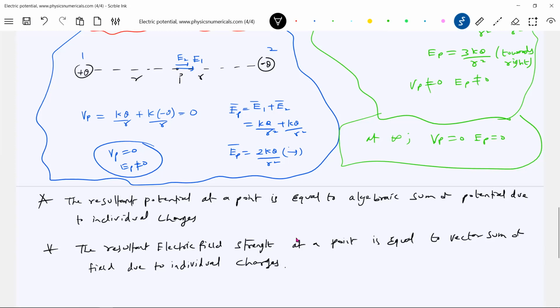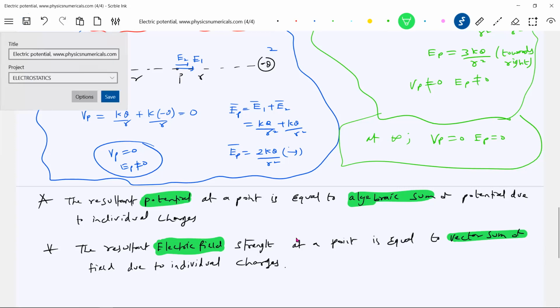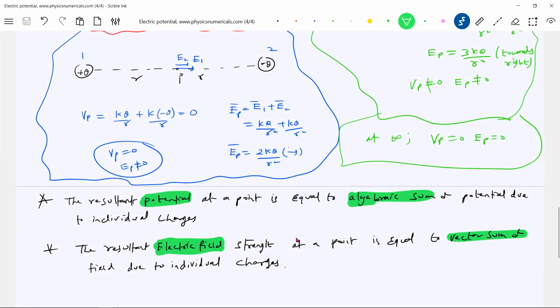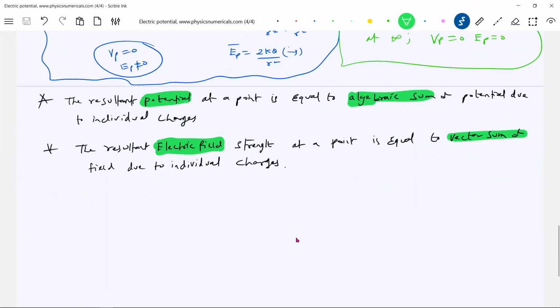So this is about the vector sum, the very specific words: vector sum, algebraic sum. Hope you are able to correlate things: electric field, vector sum; potential, algebraic sum, because potential is a scalar quantity, electric field is a vector quantity. Like this, for more than one point charge also, we can find out the resultant potential at a given point. What we are discussing is confined to only point charges. Okay, let's see what is the use of this potential.